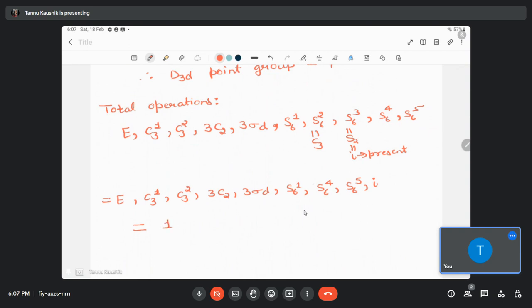We have a total of 12 operations. I have made a mistake here. It will be S65 and the inversion center. So we have a total of 12 operations in this molecule.